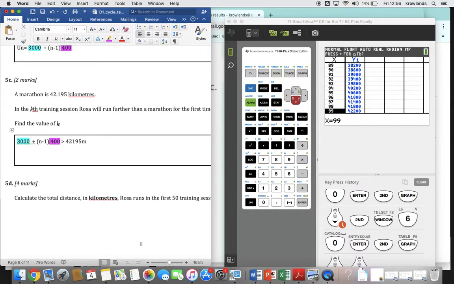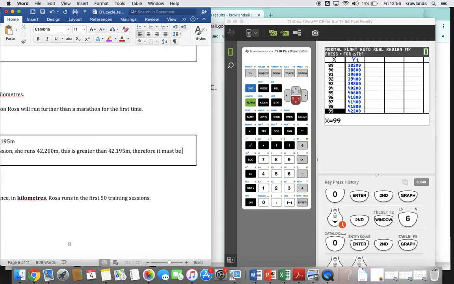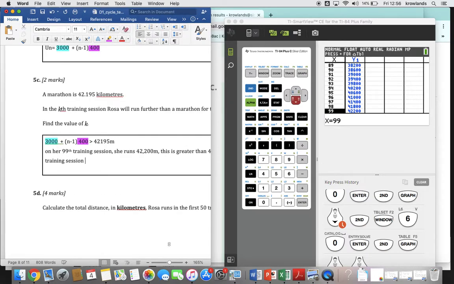We're going to say that on her 99th training session, she runs 42,200 meters. This is greater than 42,195 meters. Therefore, it must be training session 99.